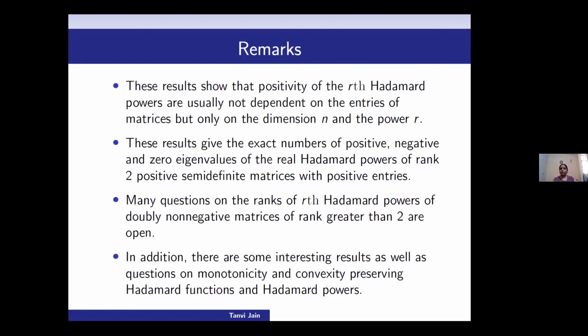And there are related problems on monotonicity and convexity preserving Hadamard functions. So that opens up a new topic altogether. There have been many results, and the questions are very simple to pose. The whole thing looks very simple, but the solutions are not always that simple. And we don't have solutions to many problems here, in fact.